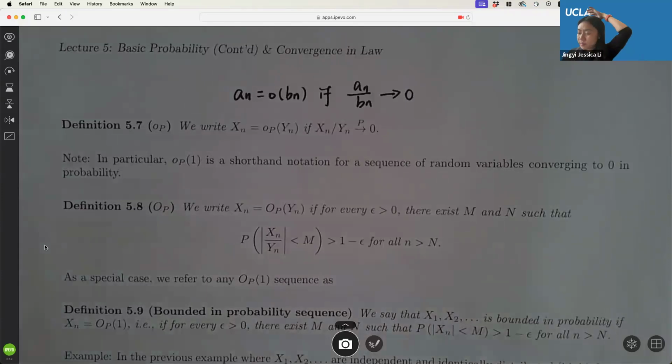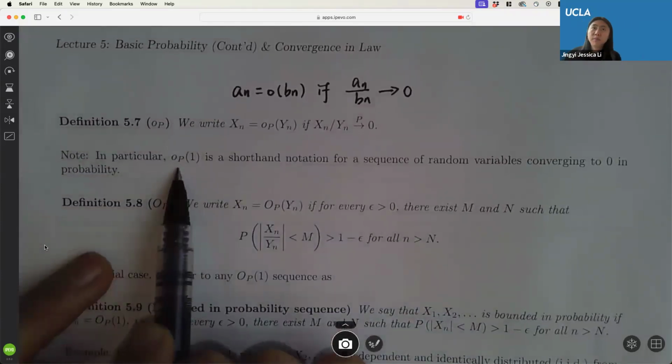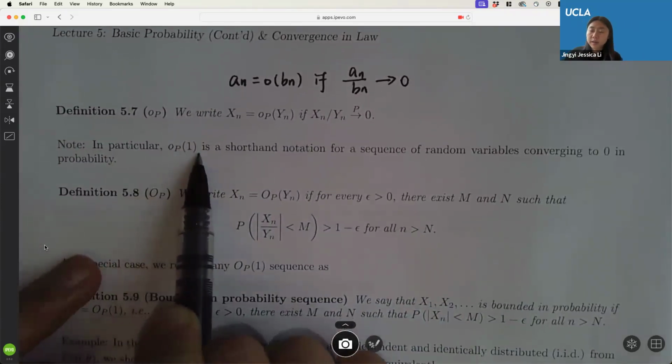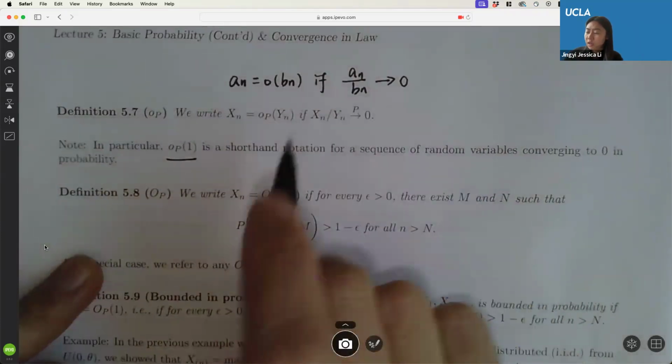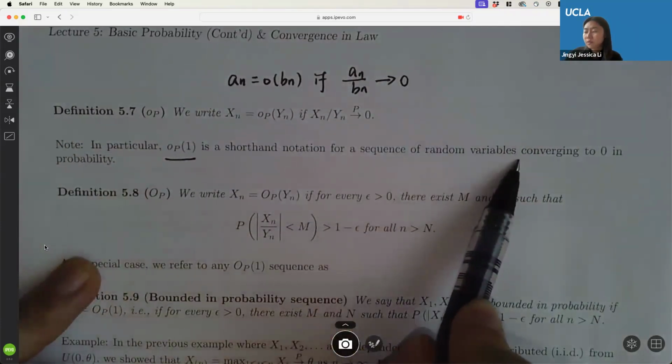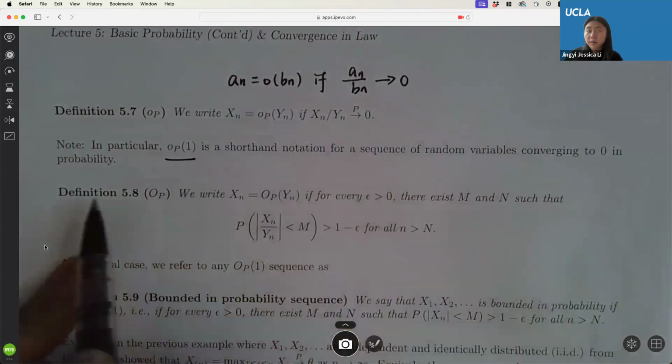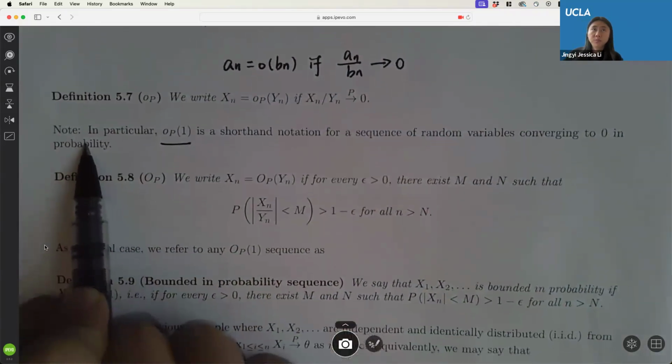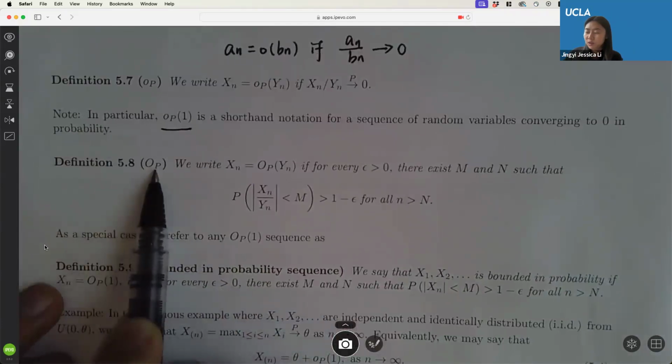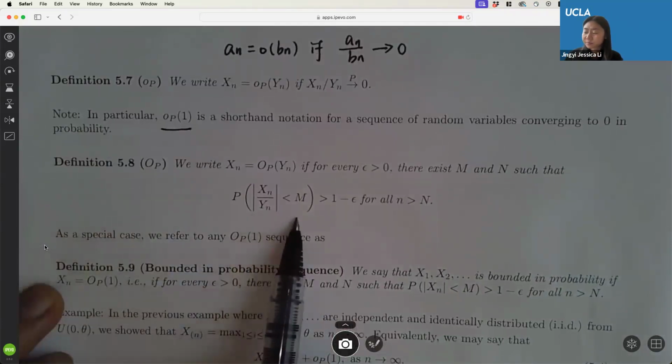Okay, and specifically, if you just write small op 1, this is very common. It is just a shorthand notation for a sequence of random variables converging to 0 in probability. That's small op. Okay, next, big op. Same idea.